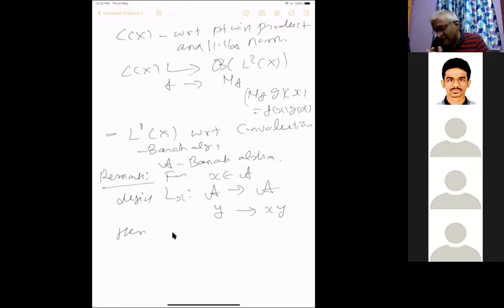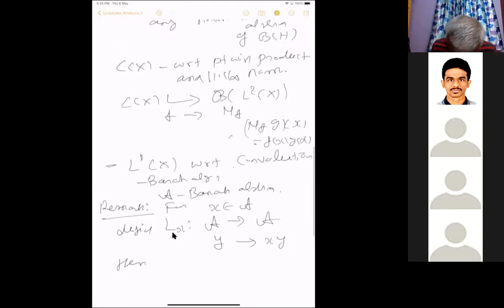Usually in Banach algebra theory it need not be unital, but we will assume that it's unital. So our assumption: always assume there exists 1 in A, which is the identity. The identity satisfies the property of the ring, I mean, you know the identity in the ring: 1x equals x1 equals x.